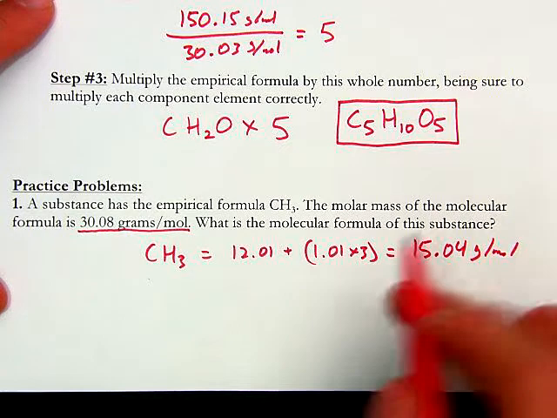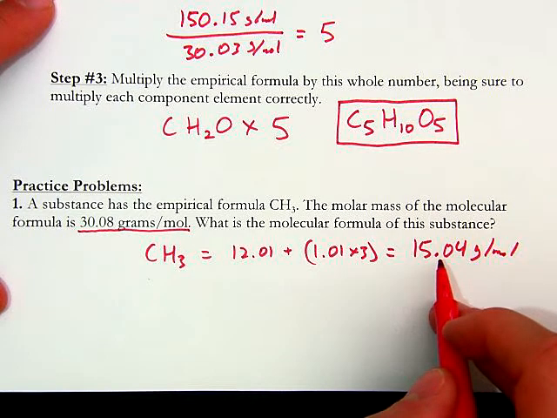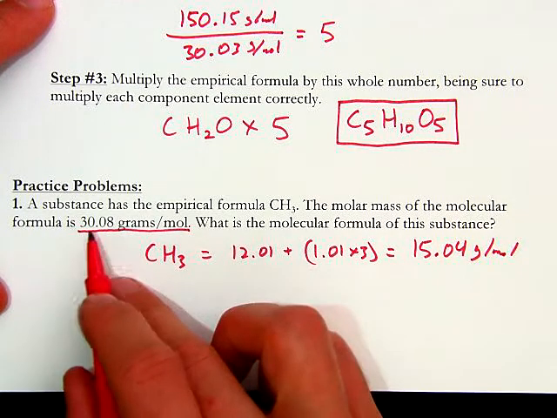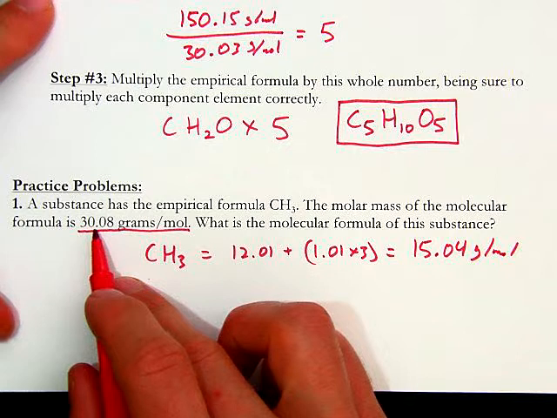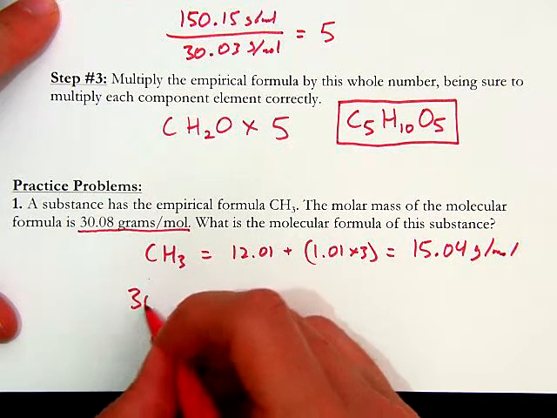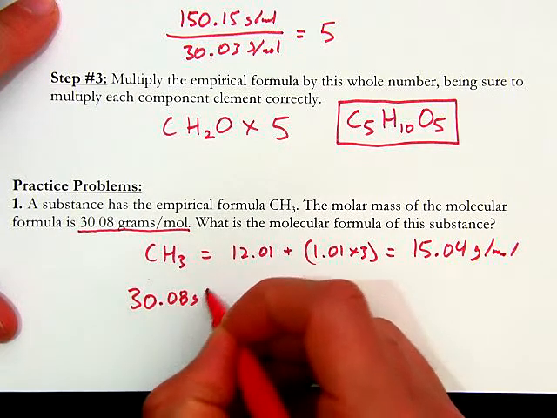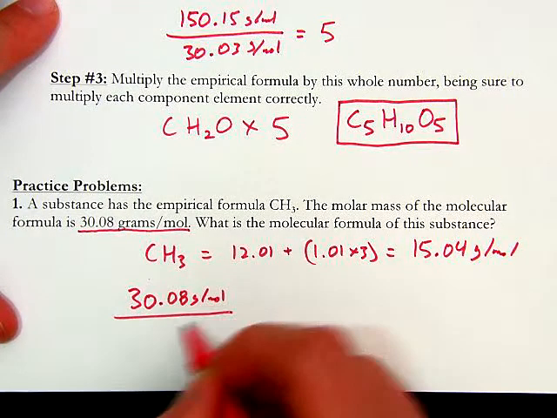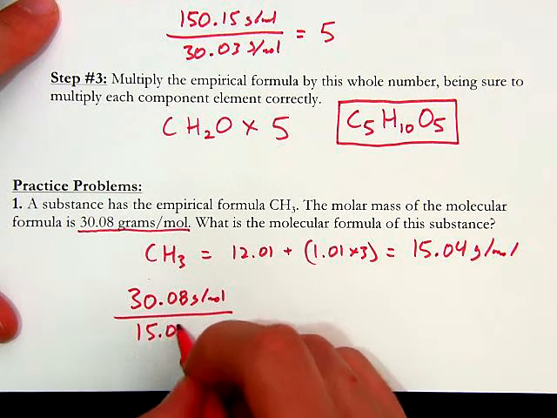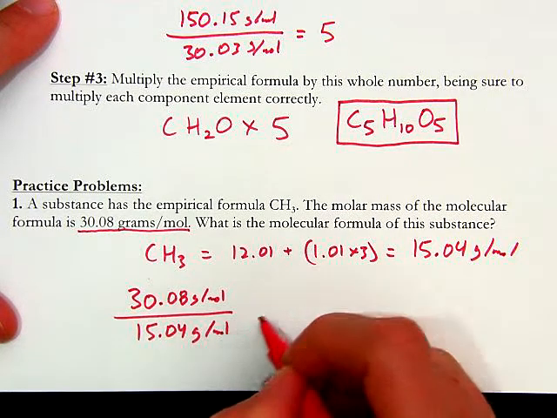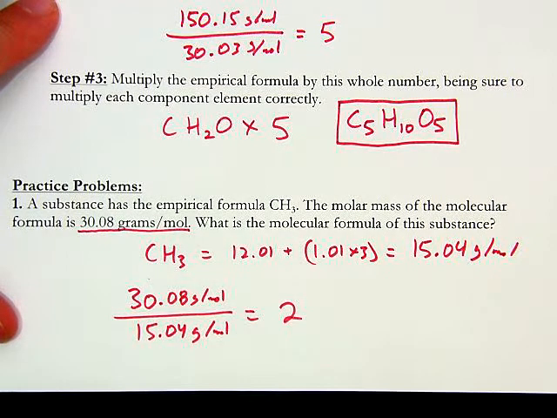So the empirical formula weighs 15.04 grams per mole. The molecular formula weighs 30.08. You could probably see where this is going. If we take 30.08 grams per mole and we divide it by 15.04 grams per mole, we get 2. 2 is what we have to multiply the empirical formula by.